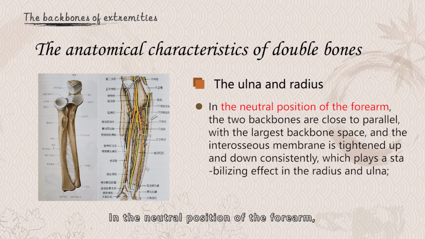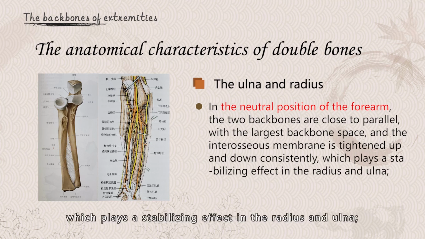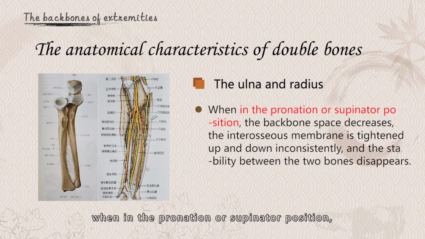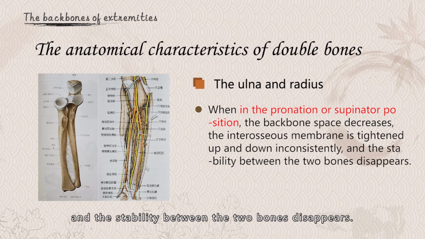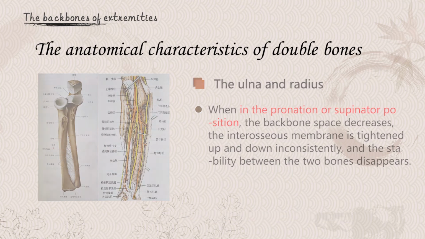In the neutral position of the forearm, the two bones are close to parallel, with the largest interosseous space, and the interosseous membrane is tightened uniformly, which plays a stabilizing effect on the radius and ulna. In the pronation and supination positions, the interosseous space decreases, the interosseous membrane is tightened unevenly, and the stability between the two bones disappears.